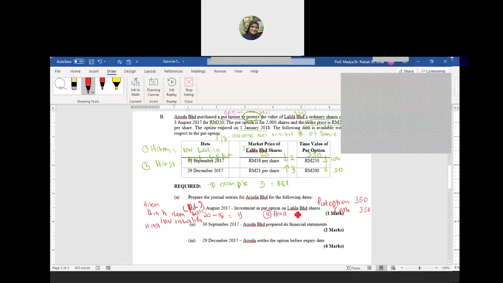So you're going to debit your loss in the H instruments. Okay, loss in H instrument, and then credit your put options.